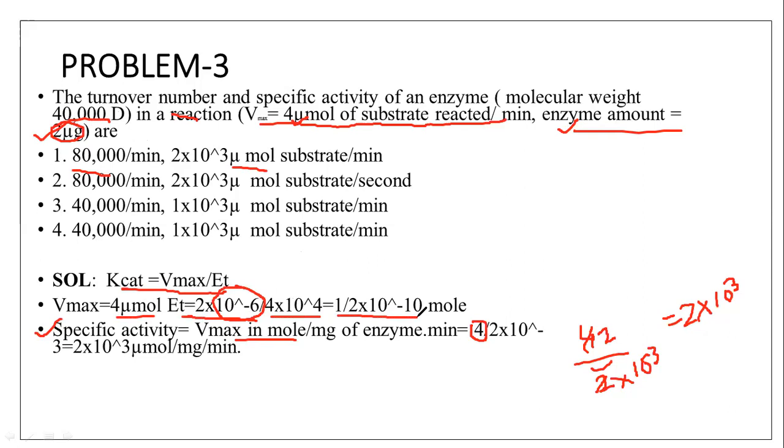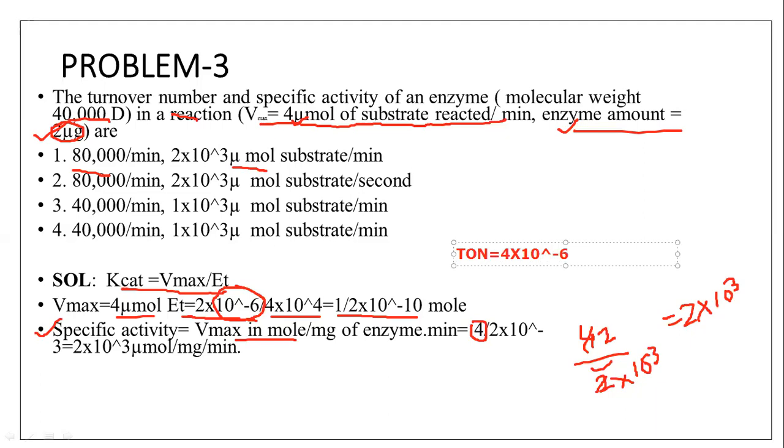So now you have to convert Vmax. So turnover number equal to Vmax by Et. Vmax is 4 into 10 to the power, micromole to mole, you have to count 10 to the power minus 6, so 4 into 10 to the power minus 6.